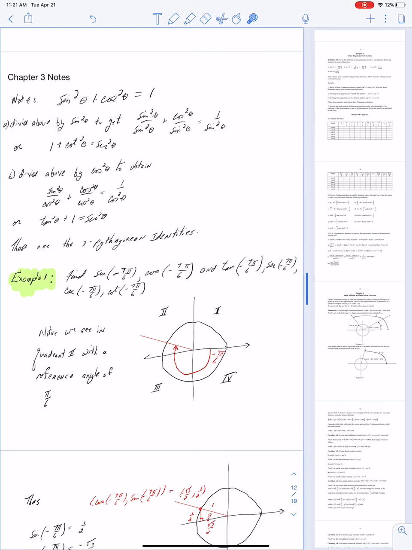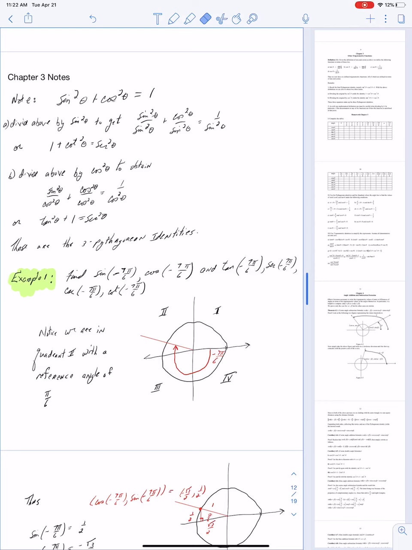Sine squared theta over sine squared theta is just 1. Cosine squared theta over sine squared theta, with our new definition, is cotangent squared theta, and 1 over sine squared theta is cosecant squared theta.